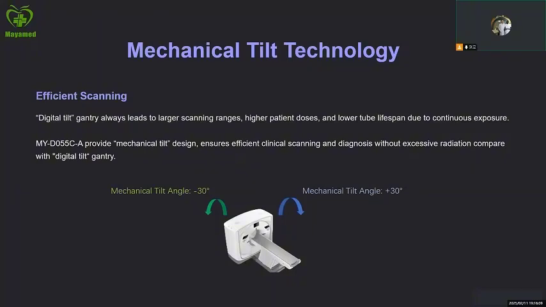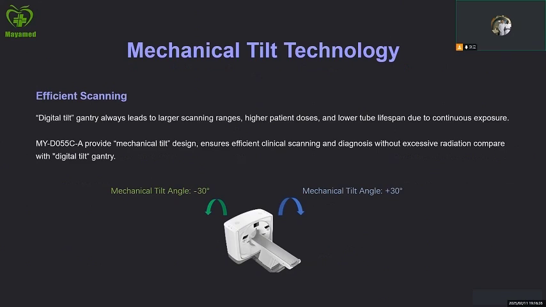And this is another advantage of this 32-slice CT scanner: the mechanical tilt. As we know, some gantries in the market use a digital tilt, but this always leads to a larger scanning range, higher patient table dose, and reduced tube lifespan due to continuous exposure.